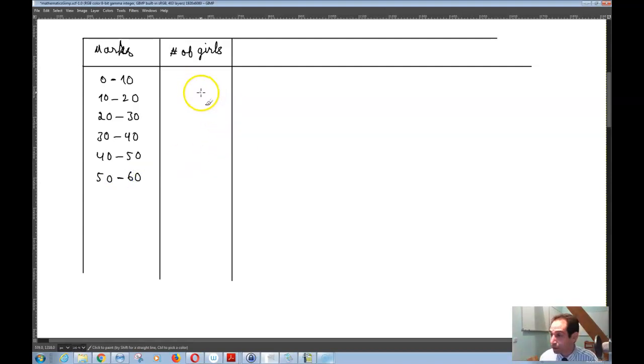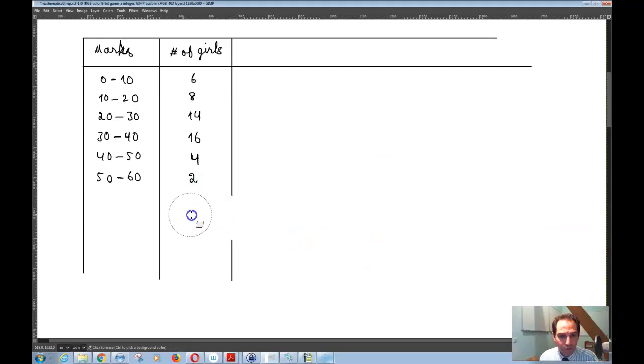And the frequencies related to these are 6, 8, 14, 16, 4, and 2.